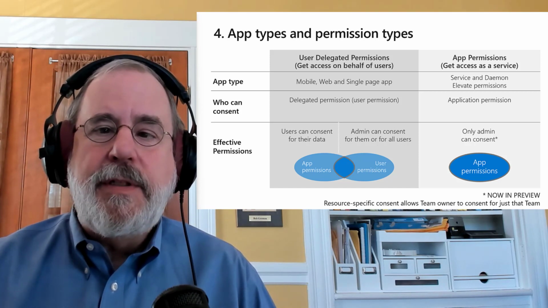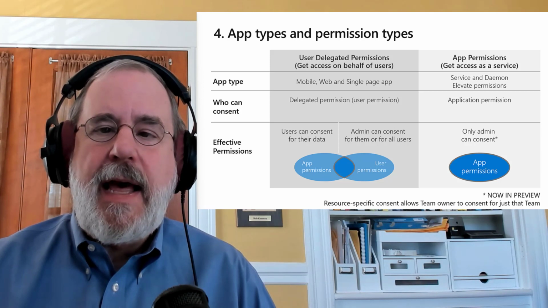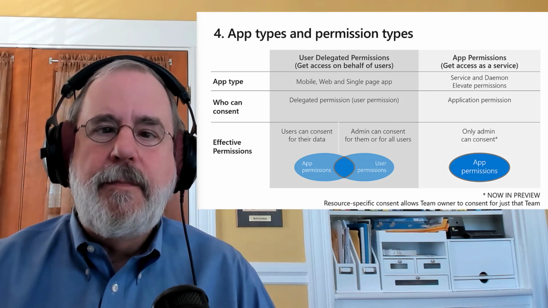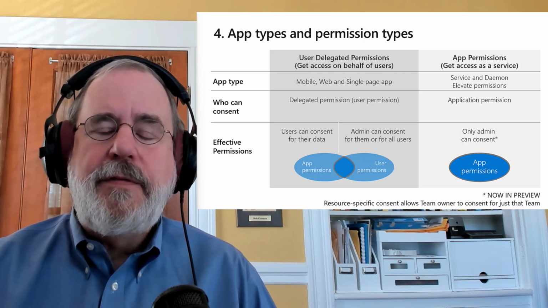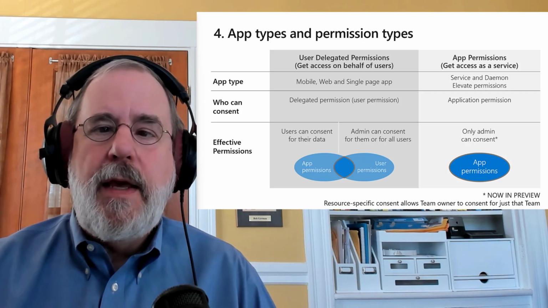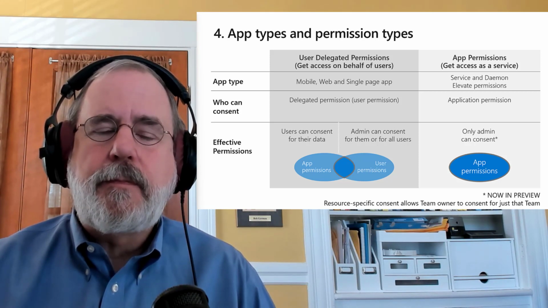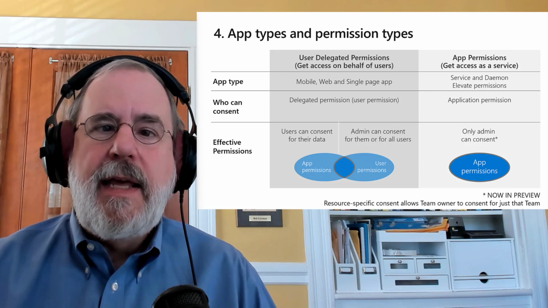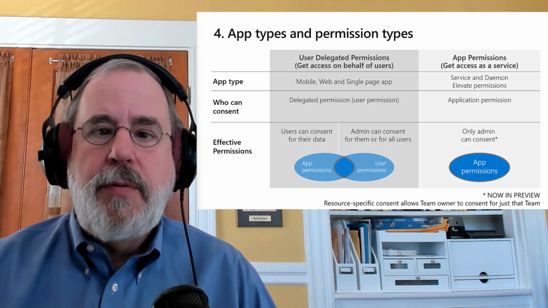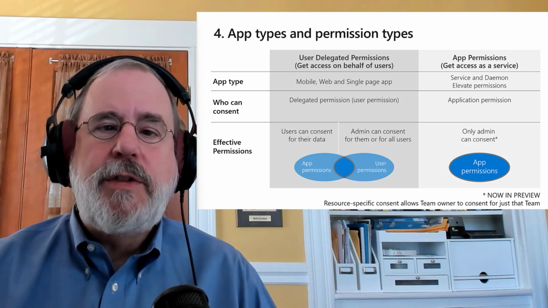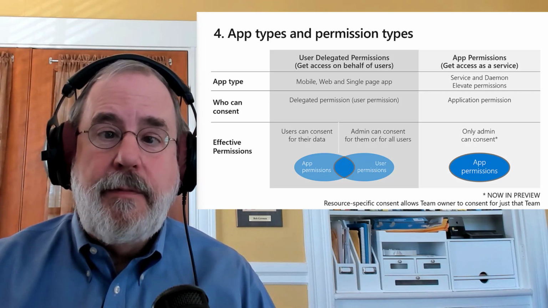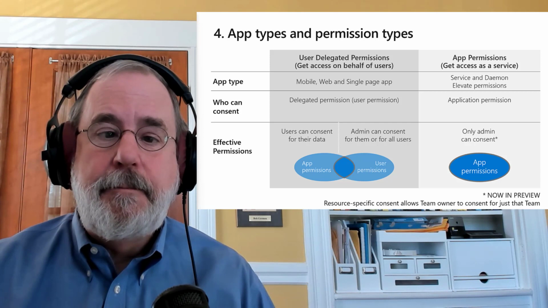Then there's app permissions, which means that the app is going to act on its own behalf. The different OAuth flows lead you to one or the other of these types of permissions. So user delegated is what I used in my web browser, my Postman example, and that's how I was able to see which teams I was a member of, right? Because I had to be logged in.